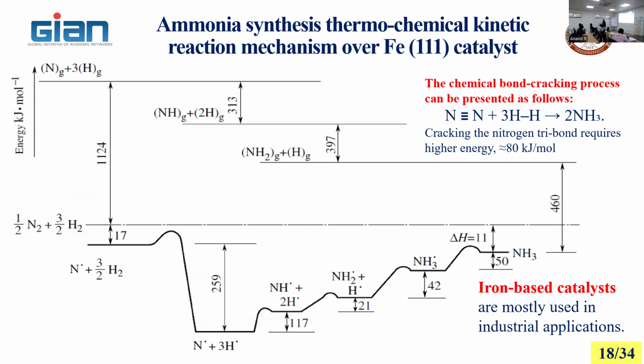In the ammonia you get an energy level of 460. That means about 2/3 of the energy you supply is not utilized for forming the ammonia; the intermediates are consuming the energy. So 2/3 of the energy supplied at the Haber-Bosch reactor is not utilized, which means 2/3 of the heat is waste.